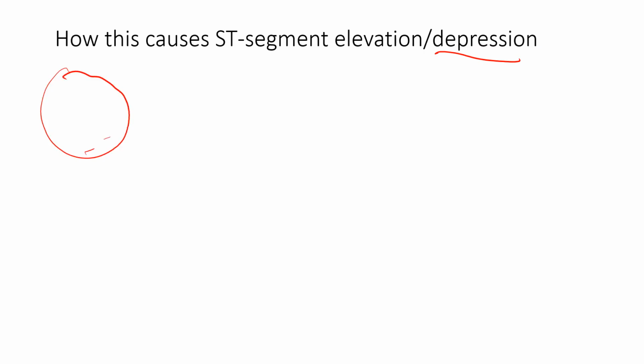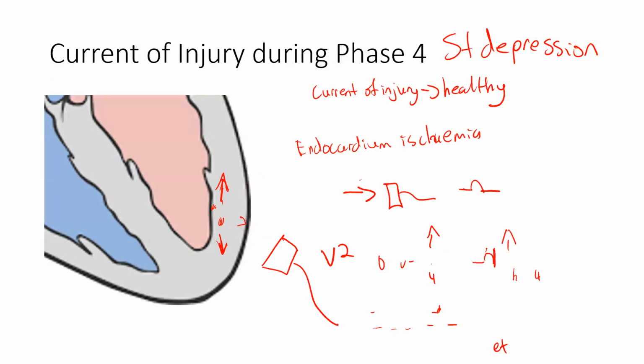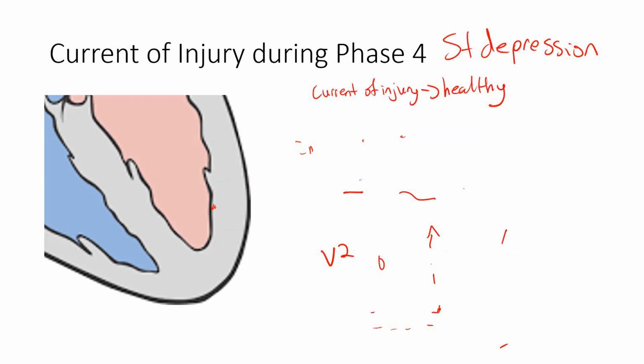In this case, the entire coronary artery is occluded, and rather than having some endocardial area infarcted or ischemic, you now have an entire portion of the ventricle myocardium being infarcted and having no oxygen perfusion to that area.